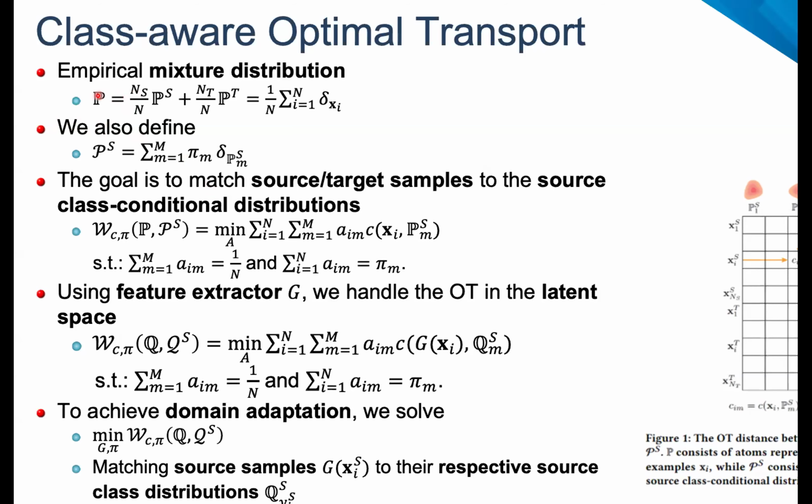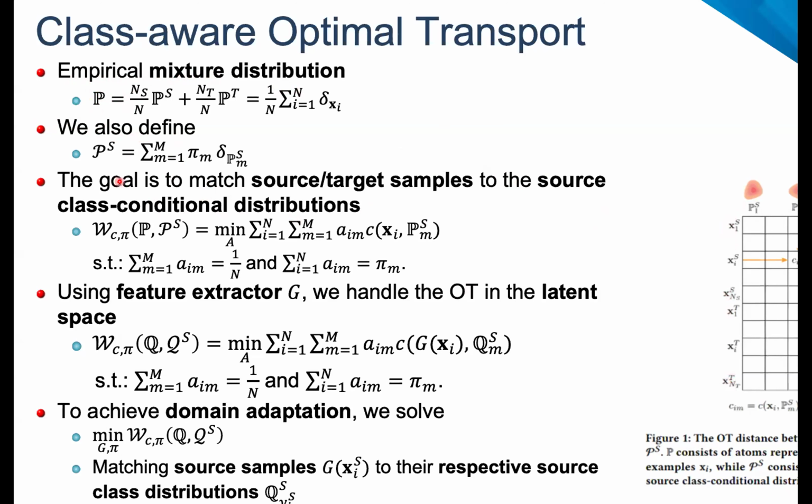For this purpose, we define P here as the empirical distribution of source and target examples. Basically, the particles from P consist of source examples and target examples.